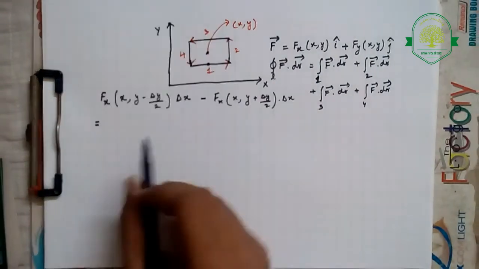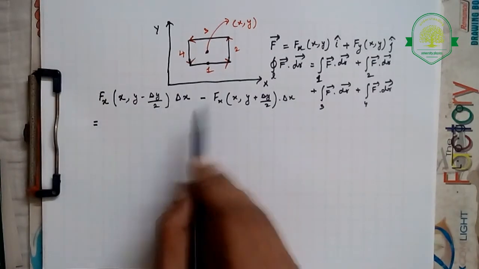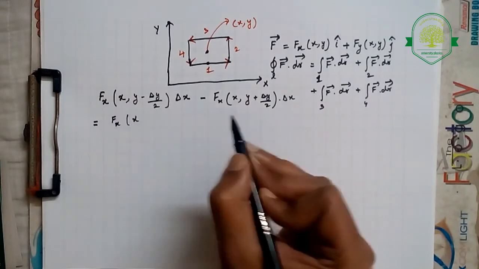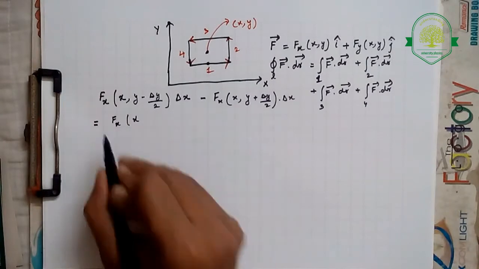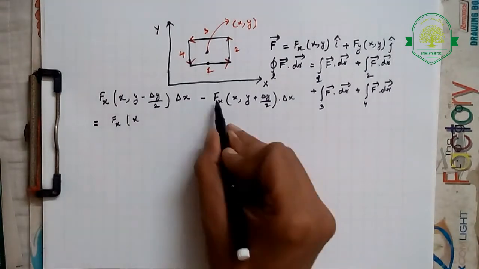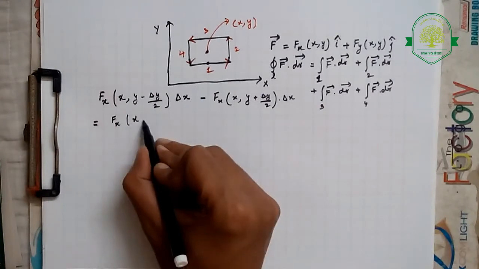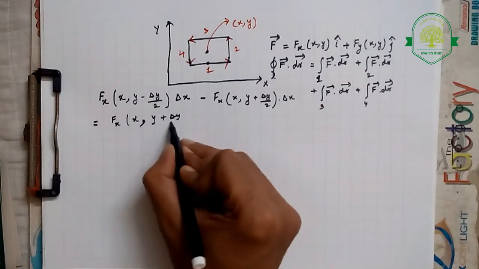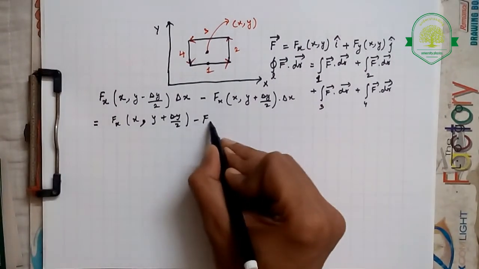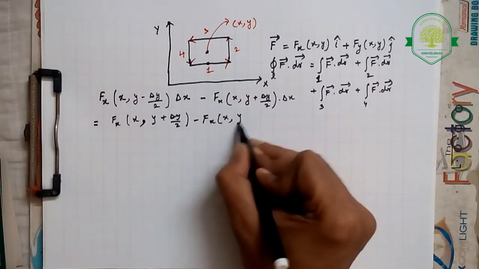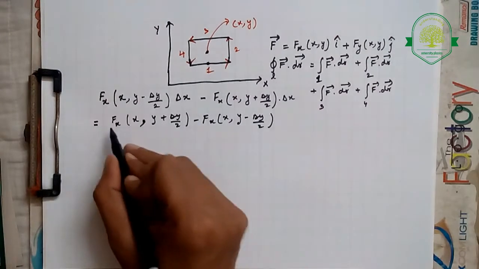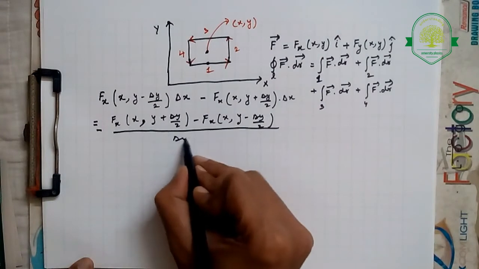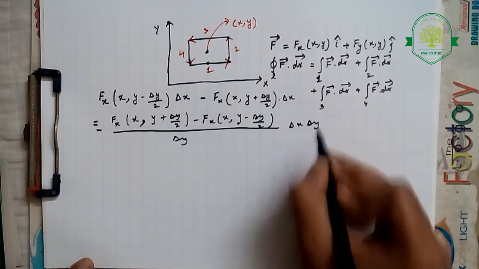What we can do is divide the entire expression by delta y and then multiply with delta y. I'll write it in a slightly different way, taking a negative sign common. So this becomes plus and this minus. So we have minus fx of x comma y plus delta y over 2 minus fx of x comma y minus delta y over 2, divided by delta y and multiplied with delta x delta y.